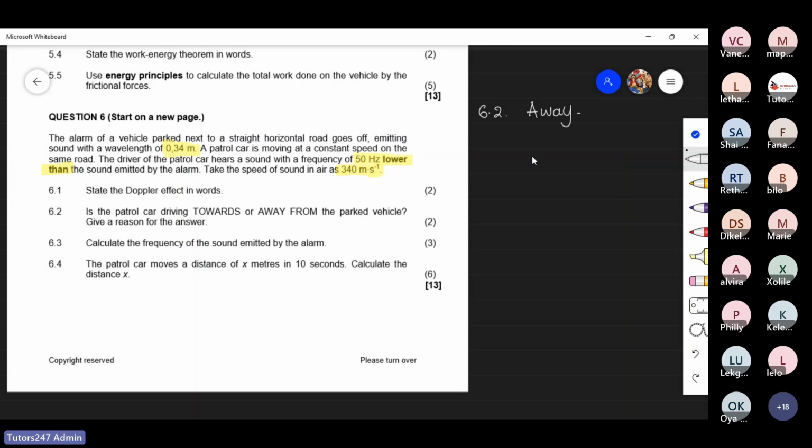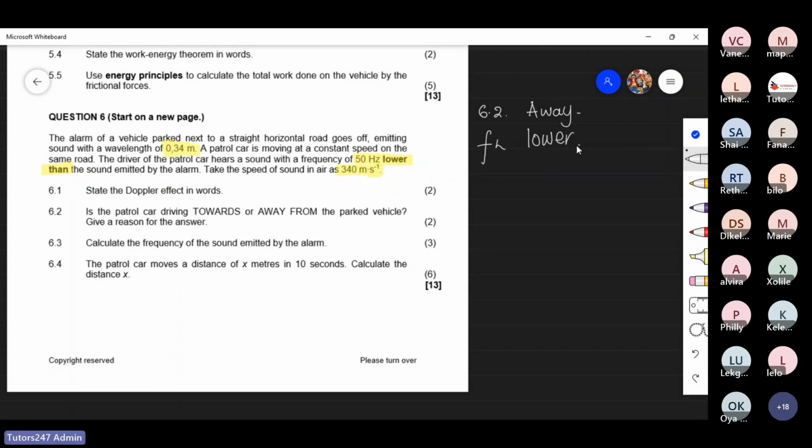Now they request a reason. Why are we saying that it is away? Whichever option you chose in the exam, away or towards, you now need to give a reason why you said that. So because we've stated away, my reason is that the frequency detected by the listener is lower.